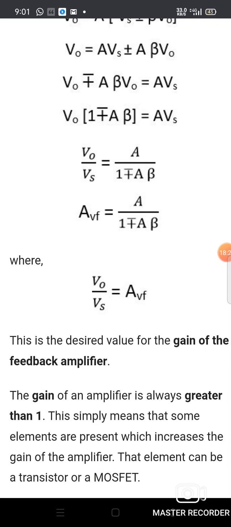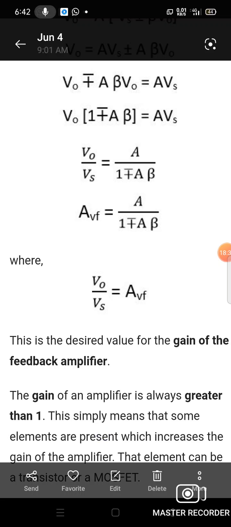Suppose the amplifier feedback connection is negative feedback, that is, a negative feedback amplifier, the gain of the amplifier with feedback AVF is equal to A by 1 plus A beta.